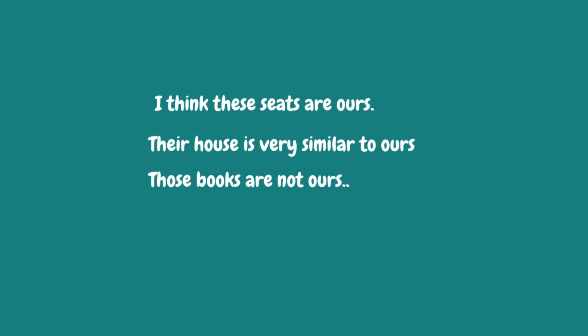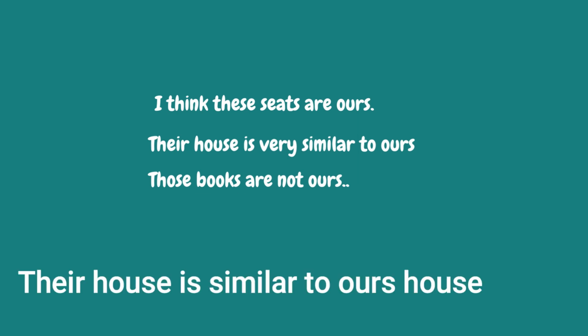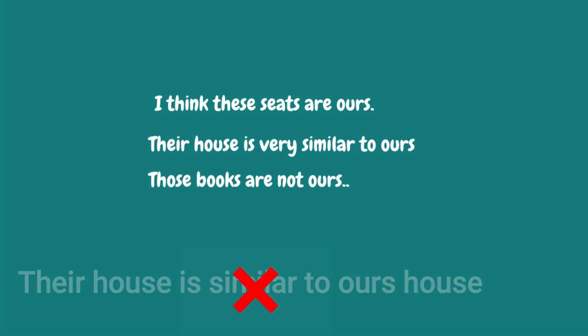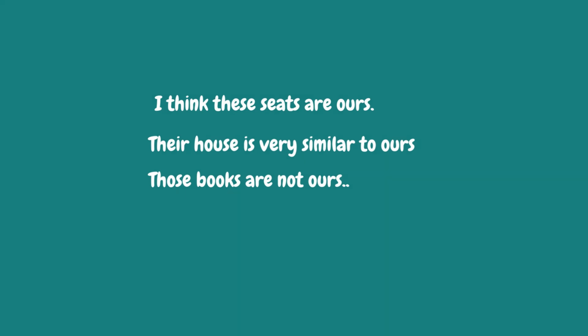Okay, first person plural is ours. I think these seats are ours. Their house is very similar to ours. Those books are not ours. As mentioned earlier, they don't come before a noun. No noun before ours. Their house is similar to ours house is wrong. Possessive pronouns are independent.